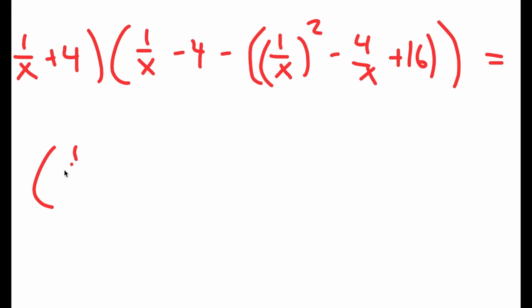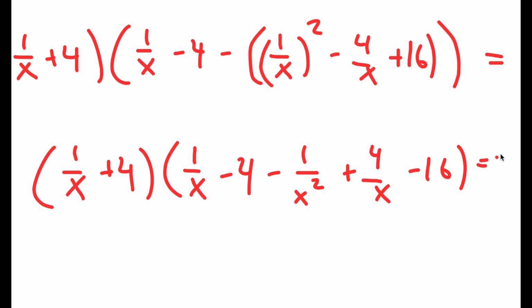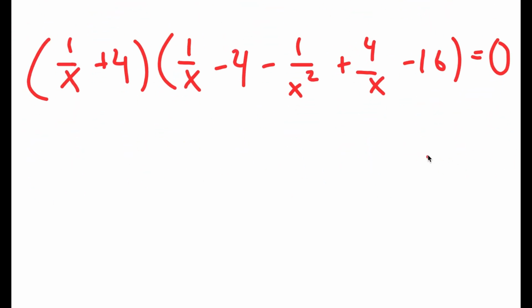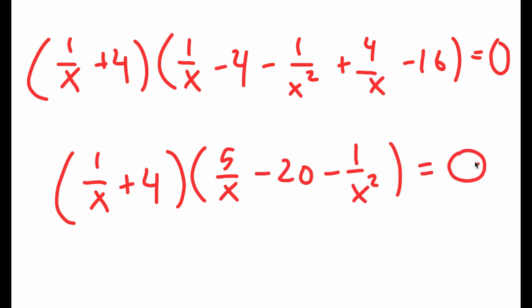Now from here, I get 1 over x plus 4 times 1 over x minus 4 minus 1 over x squared plus 4 over x minus 16 is equal to 0. So now this turns into 1 over x plus 4 times 5 over x minus 20 minus 1 over x squared is equal to 0.